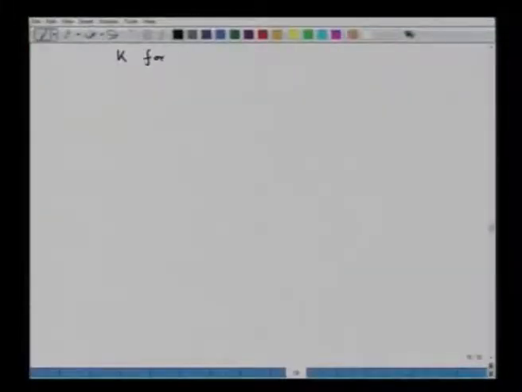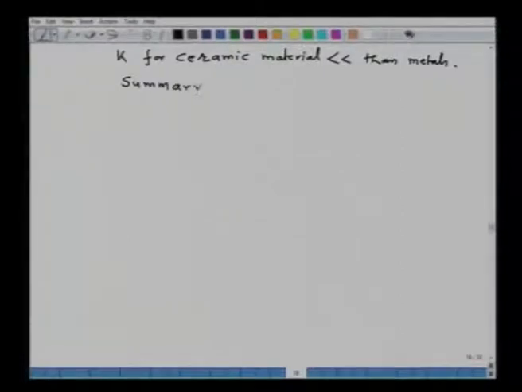So, this expression, the Fourier's law of heat conduction, is very, very important. Now, as I already said, K depends on temperature, porosity, and also K for ceramic material is much lower than metals.